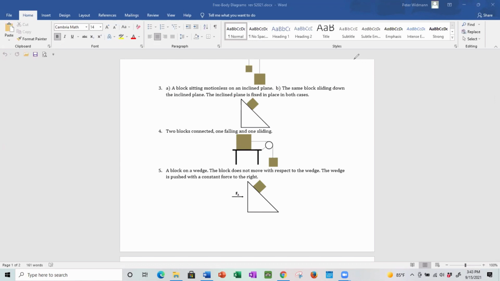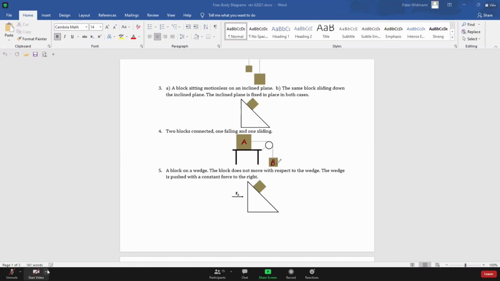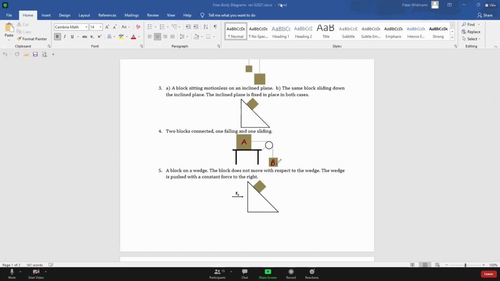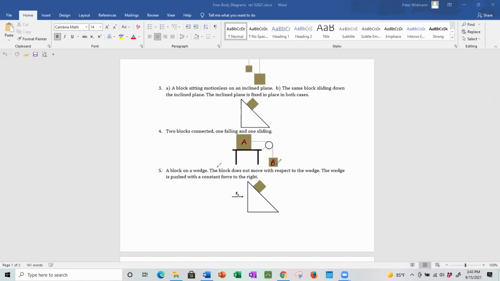For number 4, we have a mass A and we have a mass B. Aman, would you like to do the free body diagram for mass A, please? For A, please.